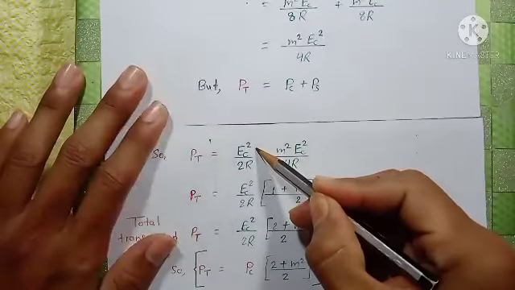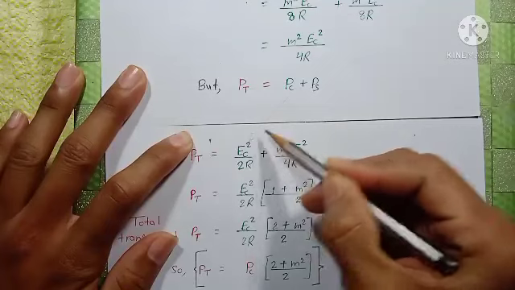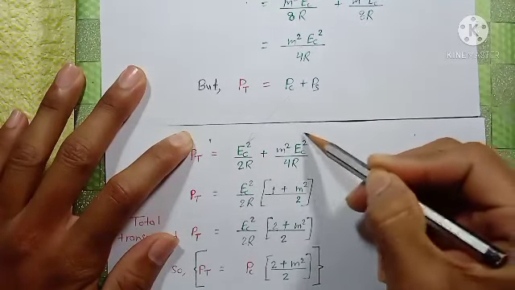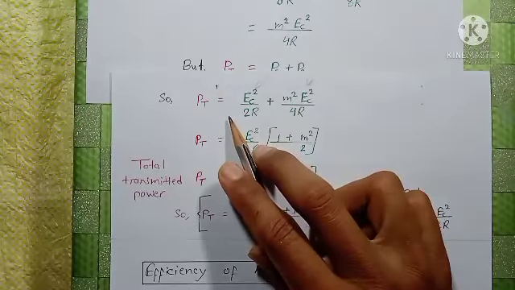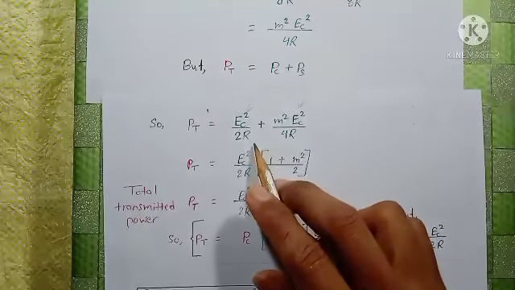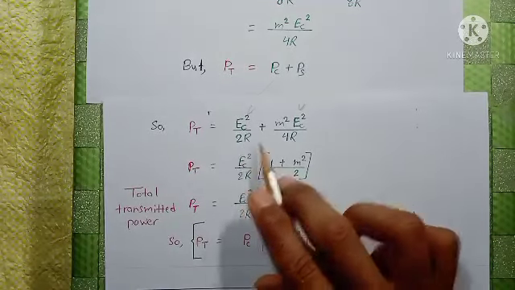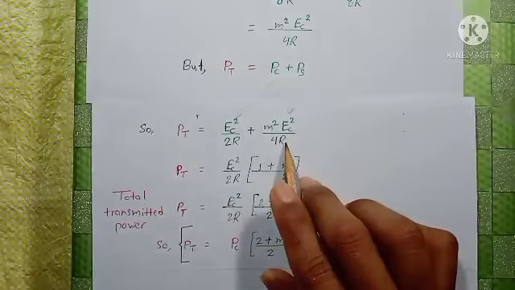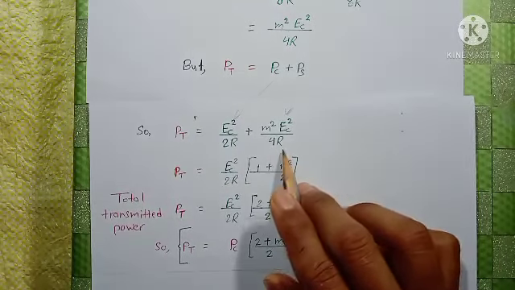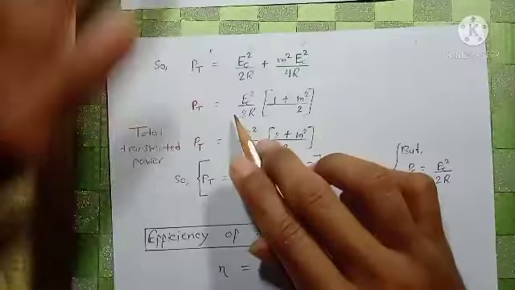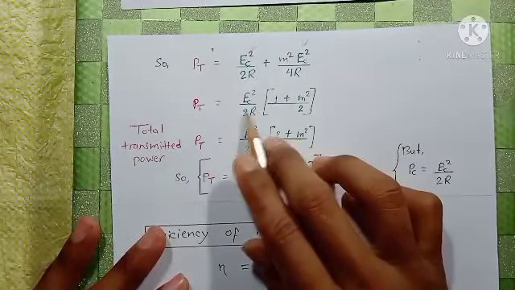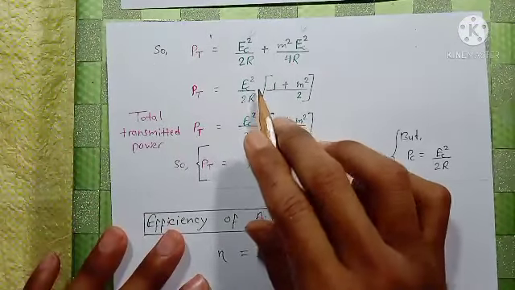This is our PT and this is our PS. So we will get PT equal to Ec square over 2R plus m square Ec square over 4R.